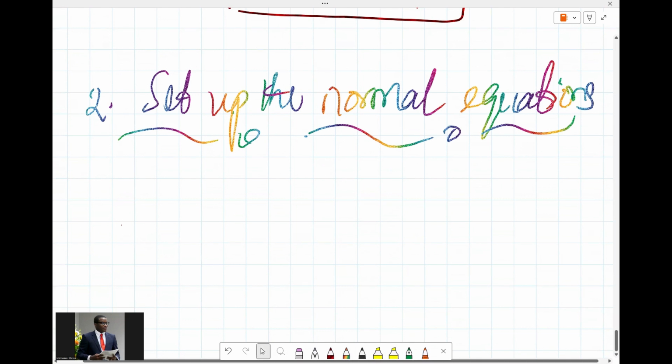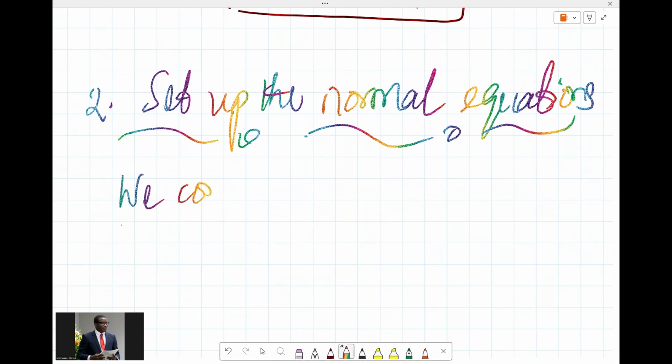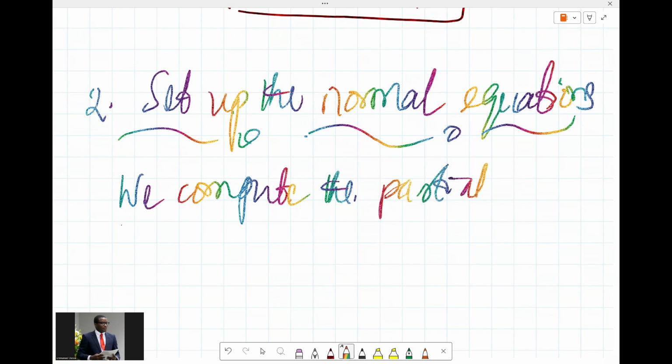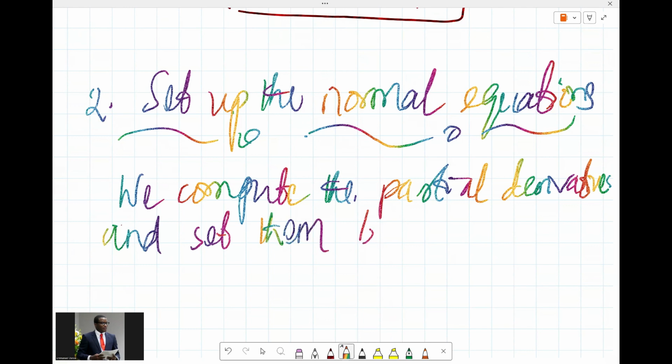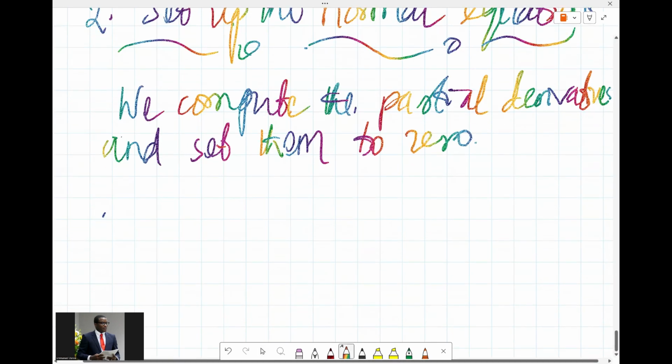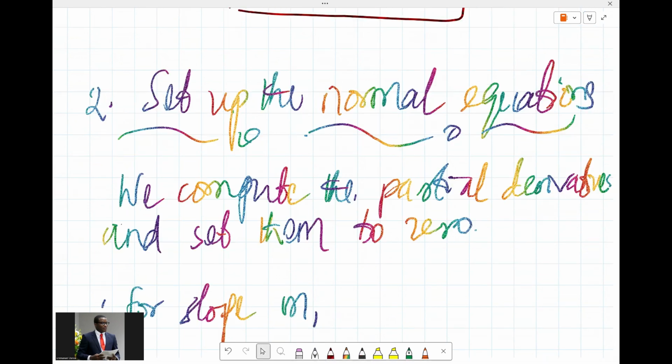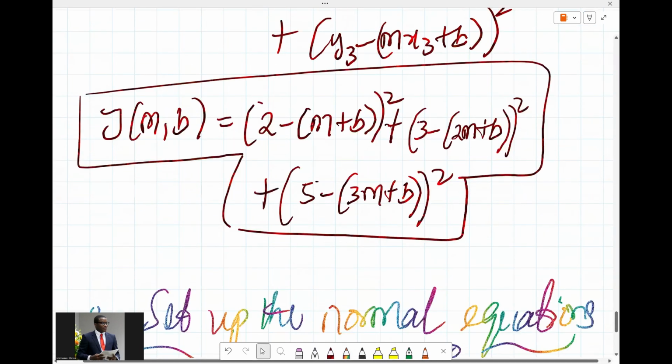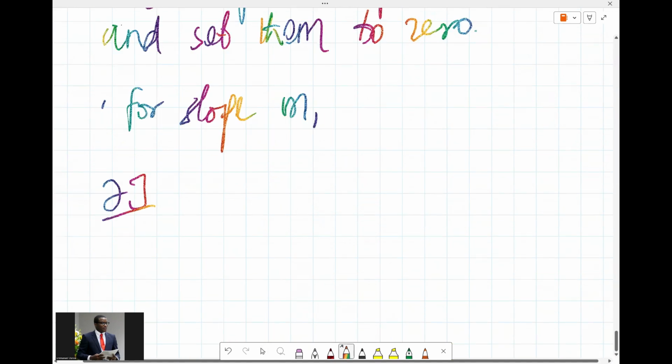That means we compute the partial derivatives and set them to 0. We start with slope m. This expression we differentiate with respect to m, so we need partial J, partial m.